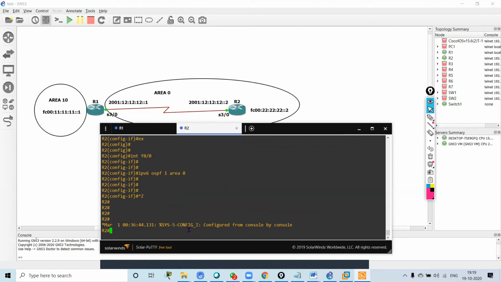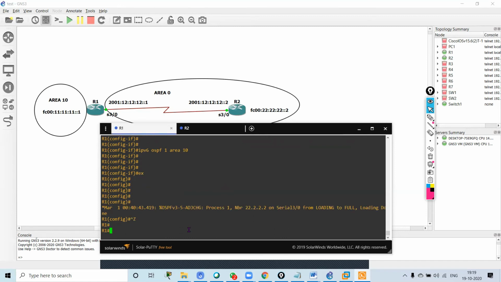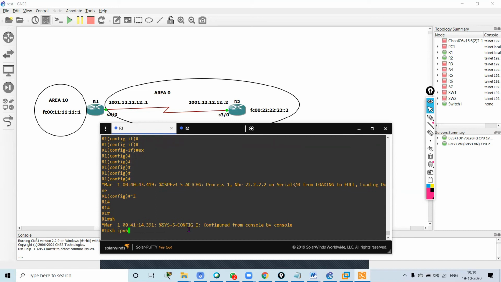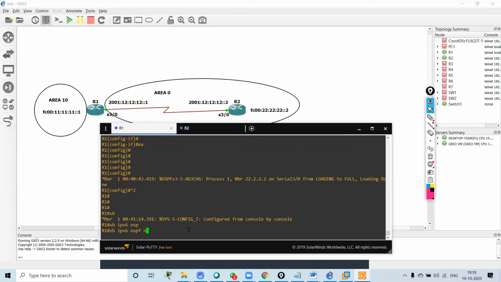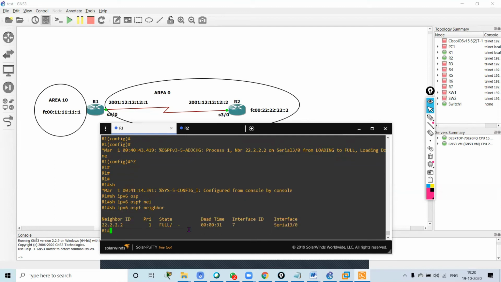Okay, how can I check? The command is the same, we just have to add show IPv6 OSPF neighbors. Who is my neighbor? 22.2.2.2.